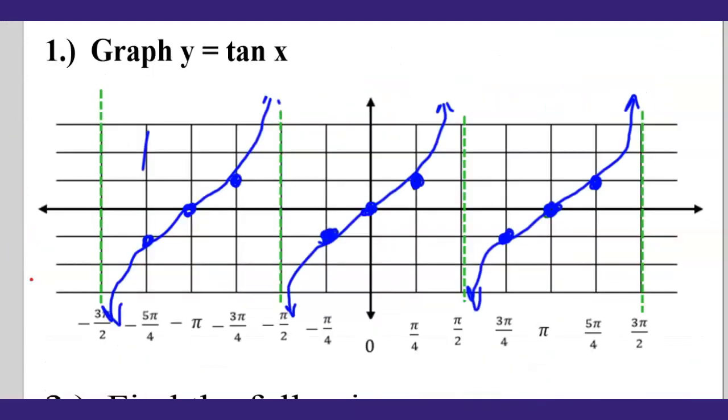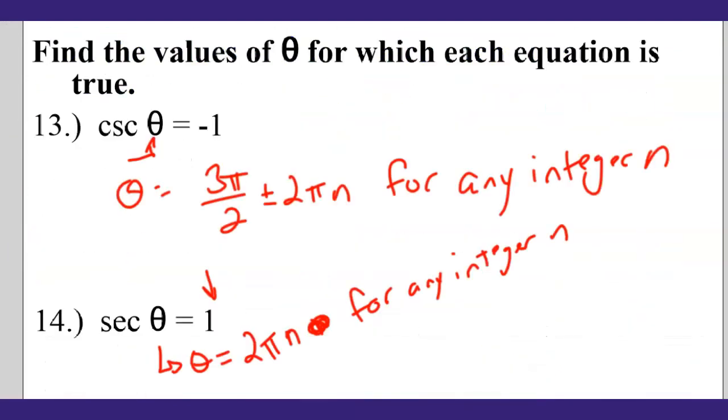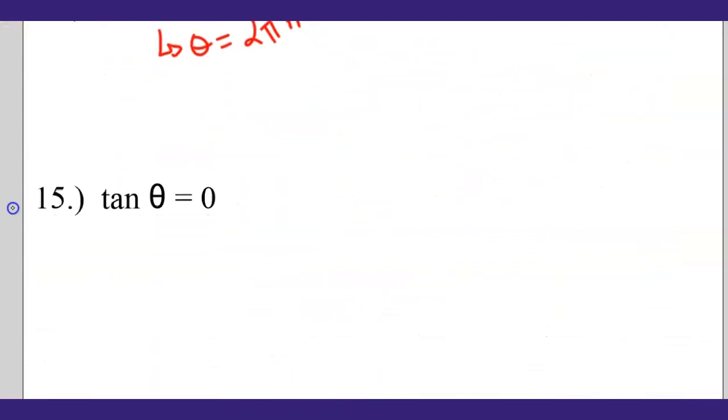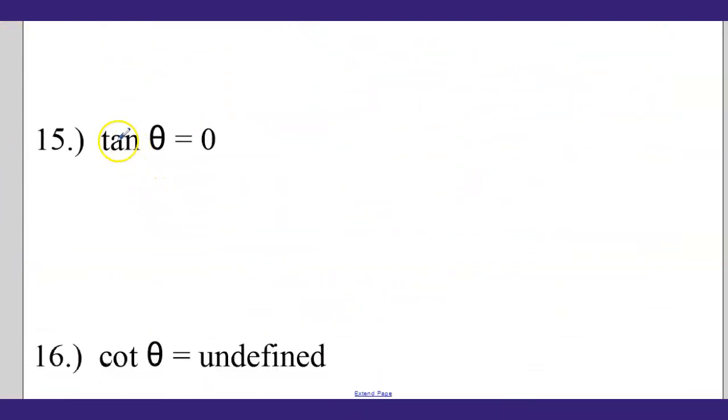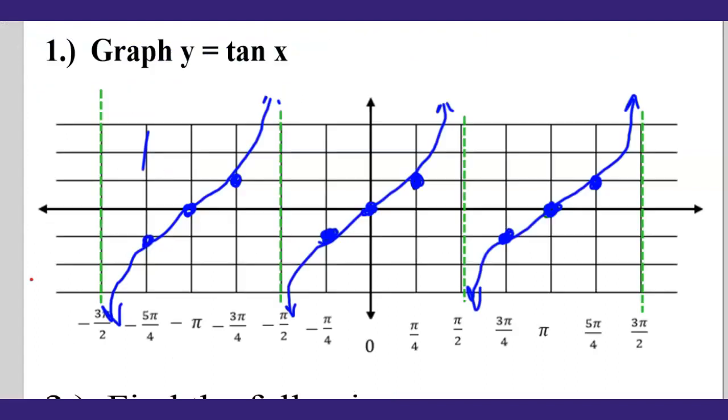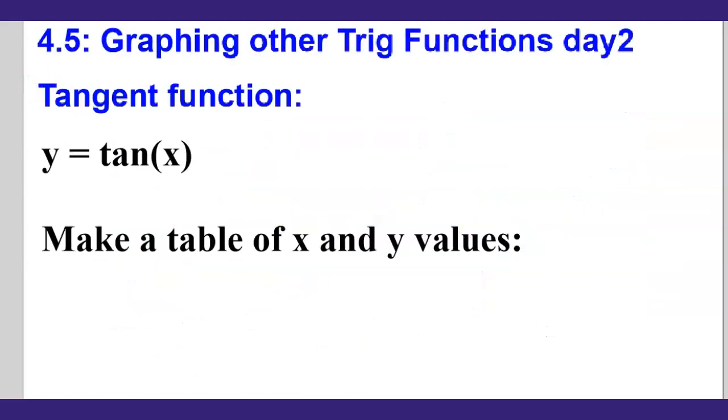Now, before I move everything, I want to answer a couple questions. The first question is, tangent of theta equals 0. Where does theta equal 0? So if I go to my tangent graph, where does tangent equal 0? Well, here's 0, here's 0, here's 0. So how do we answer that question? Look at this, that's 1 pi, 0 pi, negative 1 pi.